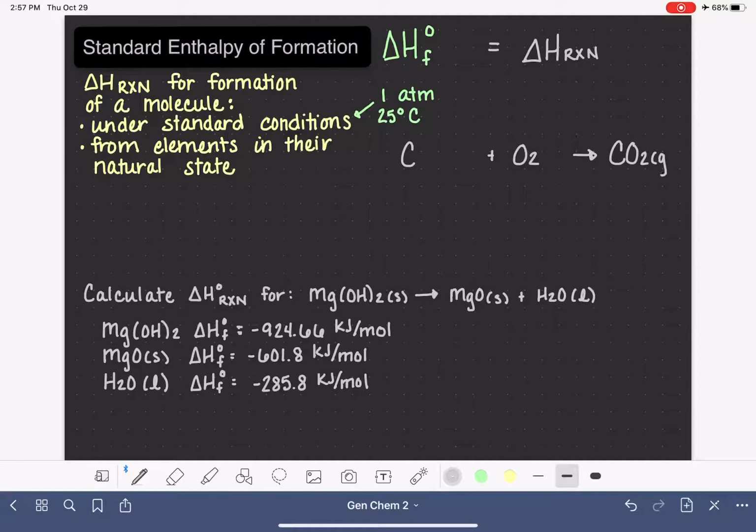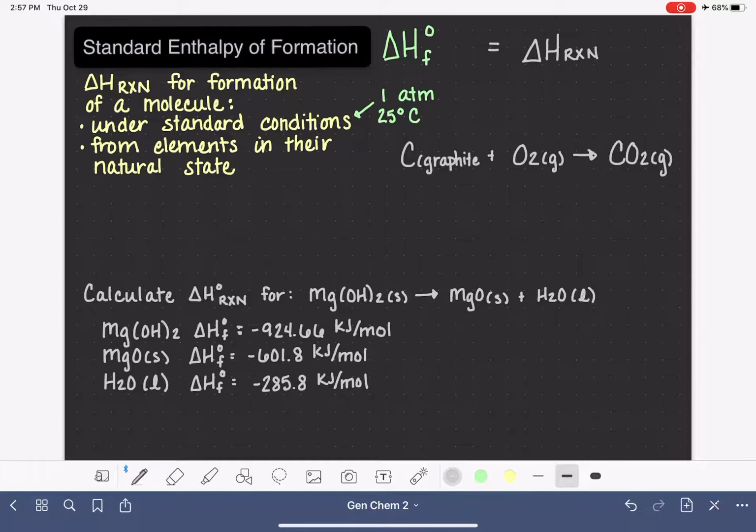we would need to show the reaction as being the formation of carbon dioxide from its elements, carbon and oxygen, in their natural state. The natural state of oxygen is O2 gas, and the natural state of carbon is graphite.